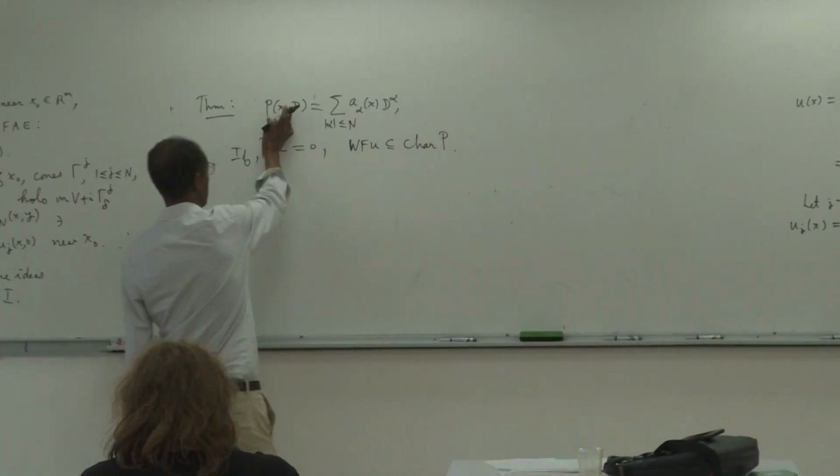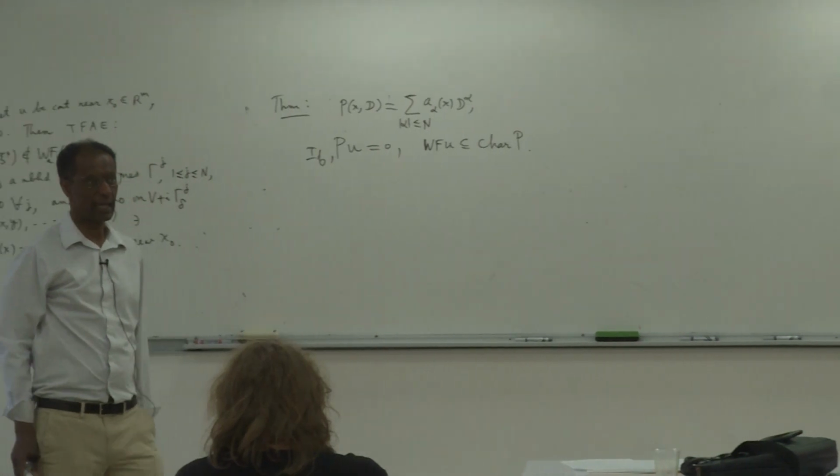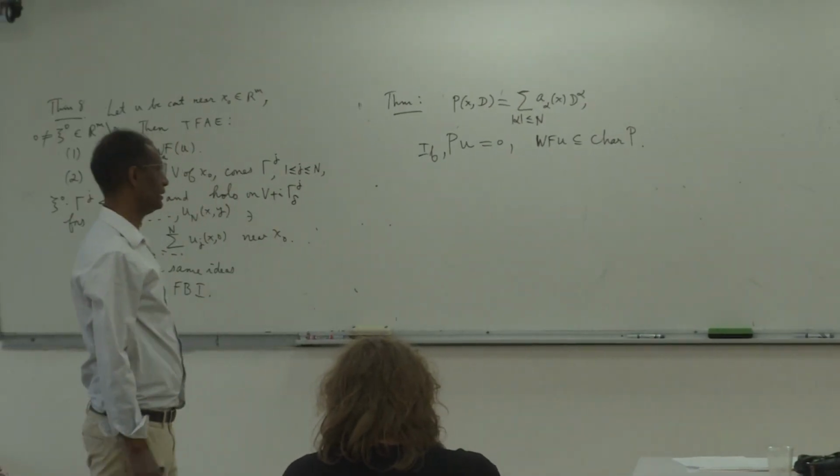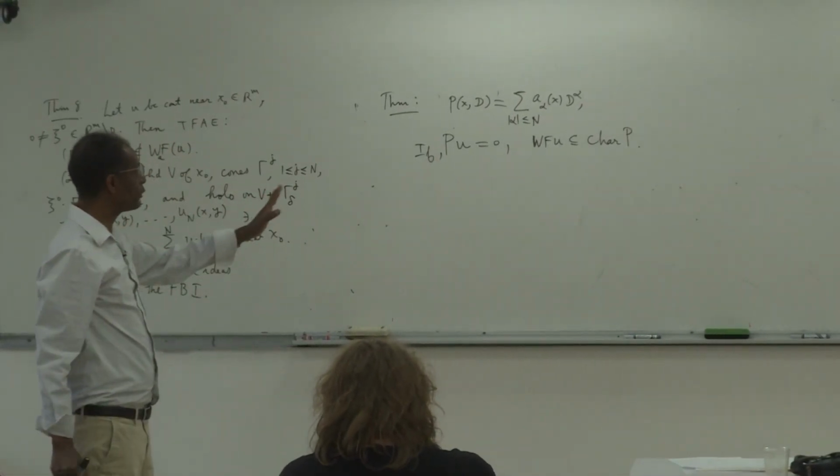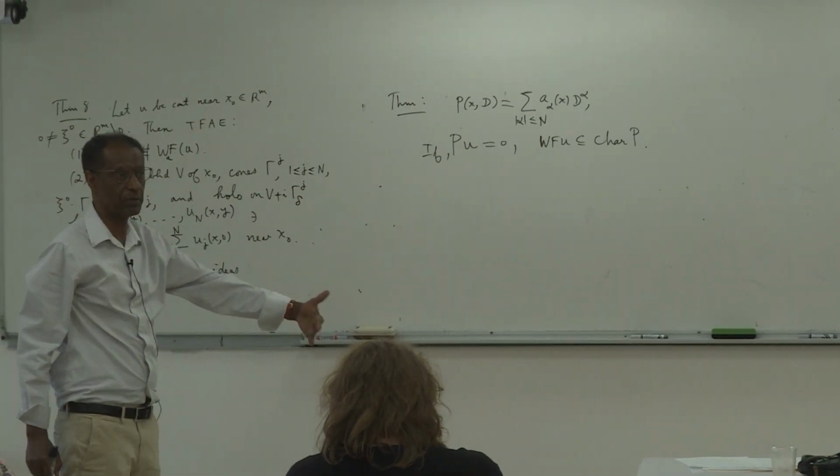The zeros of the principal parts, right? I stated this, okay? This I'm not going to prove, but we are going to prove it for the first order case, when P is first order.